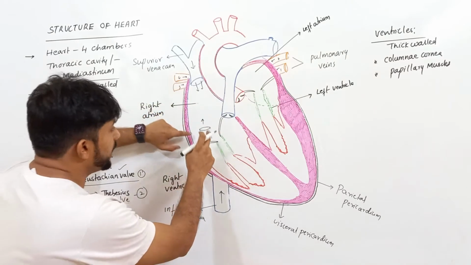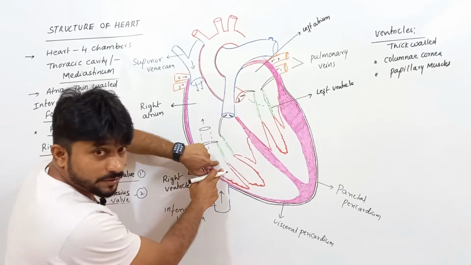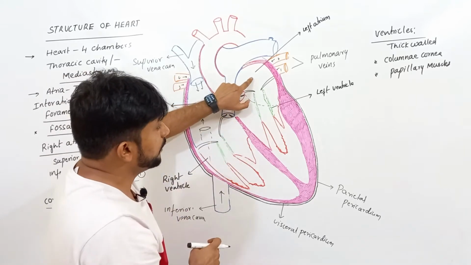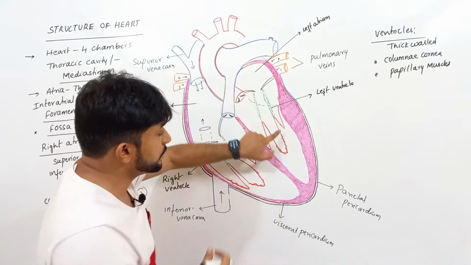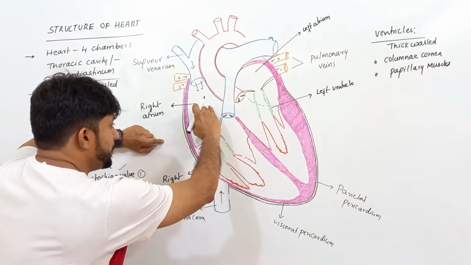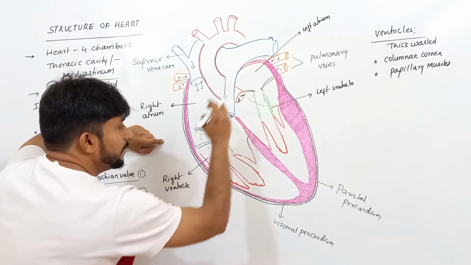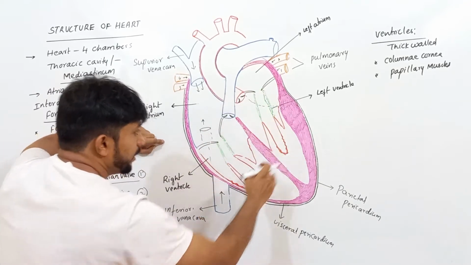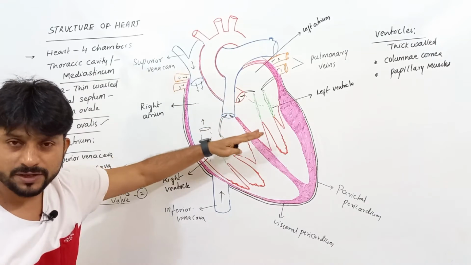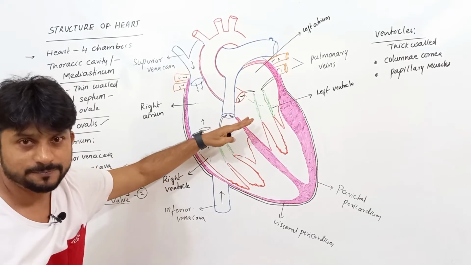The deoxygenated blood of the right atrium enters into your right ventricle, and the oxygenated blood of the left atrium enters into left ventricle. So right atrium and right ventricle, left atrium and left ventricle. Atria and ventricles are separated by atrioventricular septa.